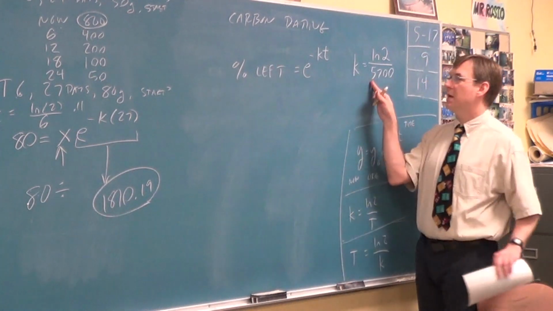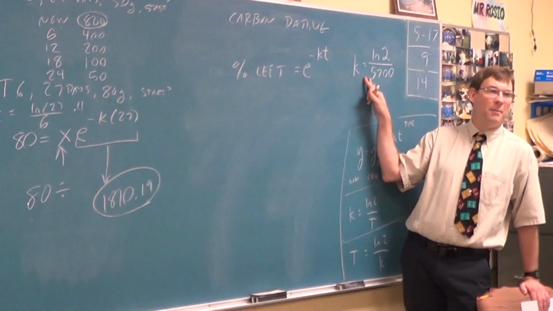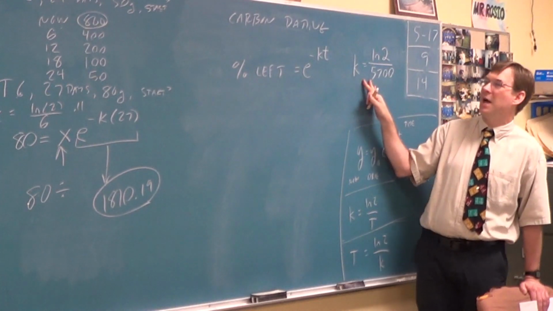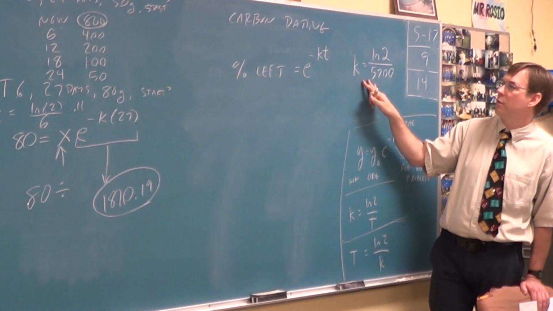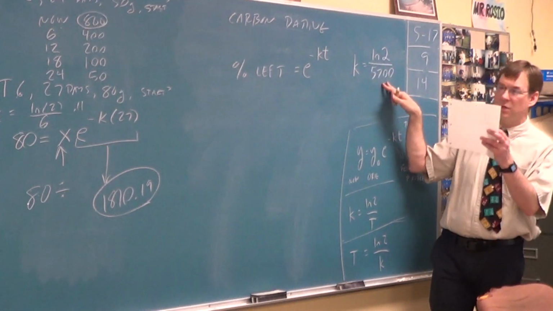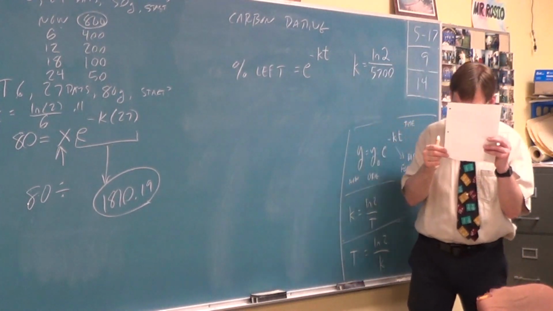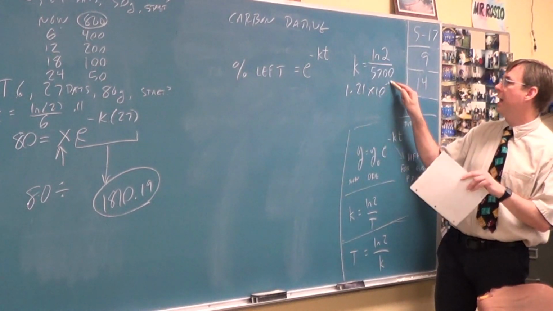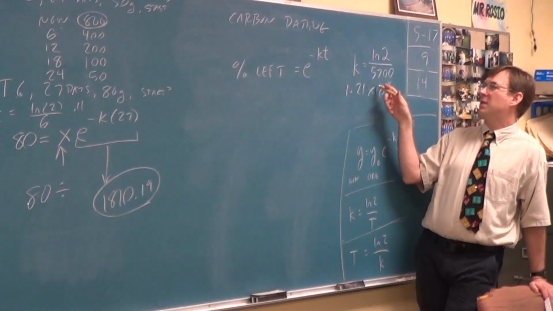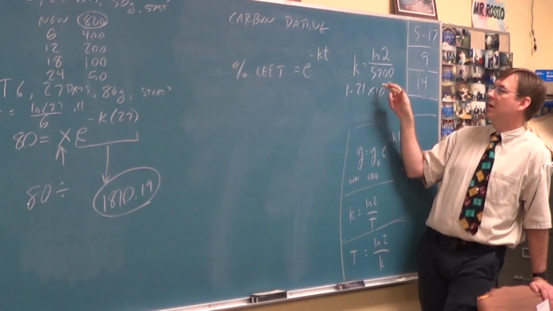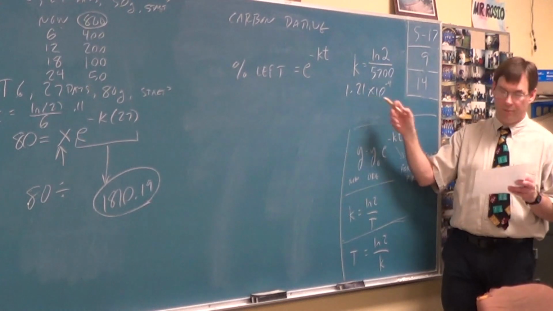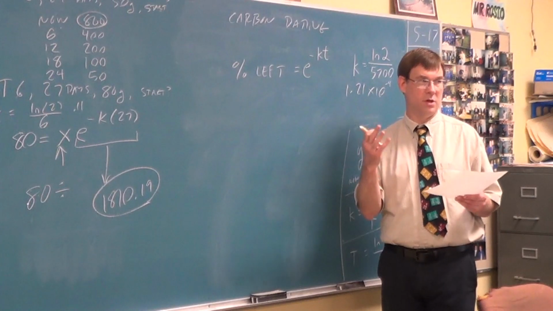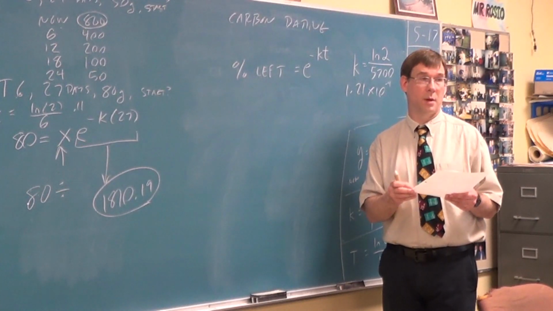Maybe store it in C for carbon, so that anytime you have a carbon question, it's already stored there for you. In scientific notation, it's 1.21 times 10 to the negative fourth. So punch that in: ln of 2 divided by 5,700, and store it in C so you don't confuse it with other things. Any trouble with that part?